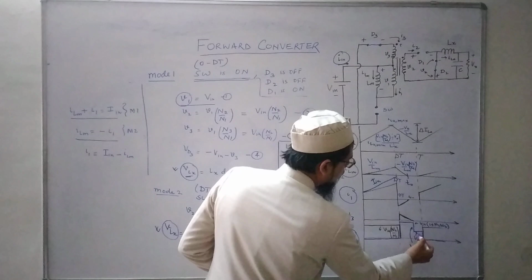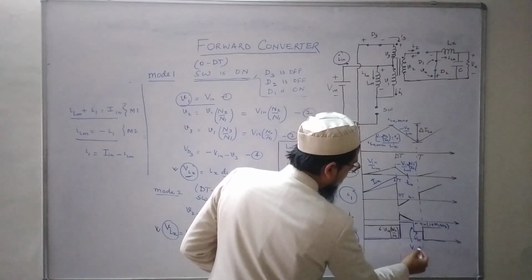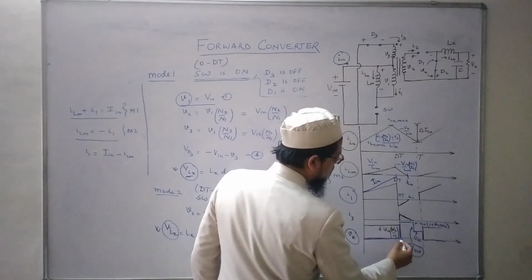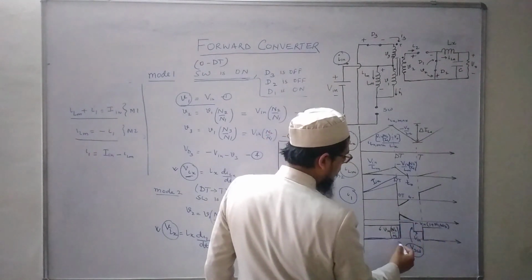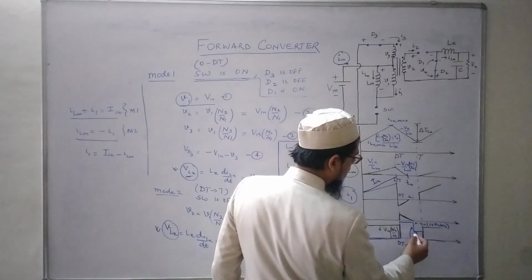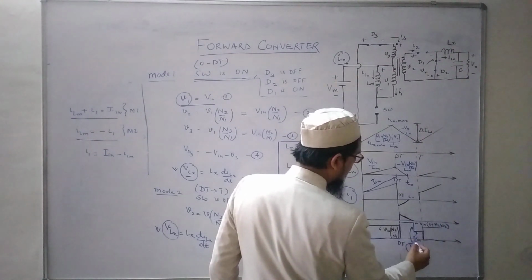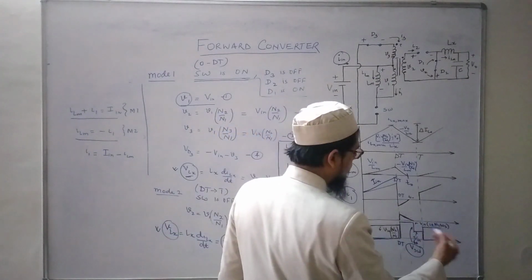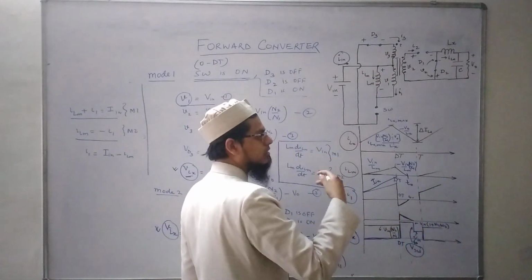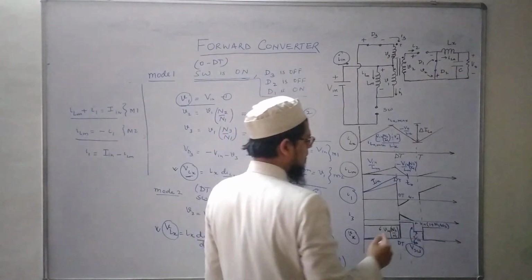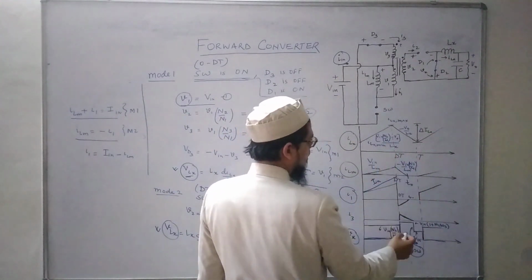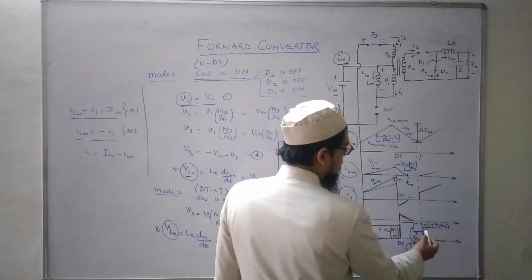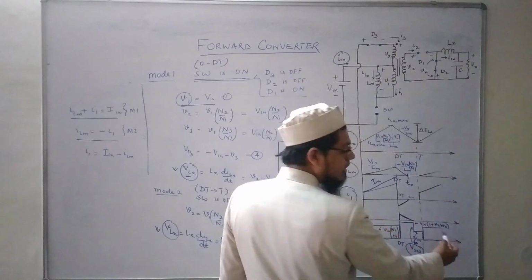And this blue waveform is basically the voltage across the switch. When it was conducting, no voltage was appearing across the switch, and then in the interval from dt to t naught, when the switch was off but LM was conducting, that means current was flowing through LM, the voltage appearing across the switch is given by V in times 1 plus N1 by N3.